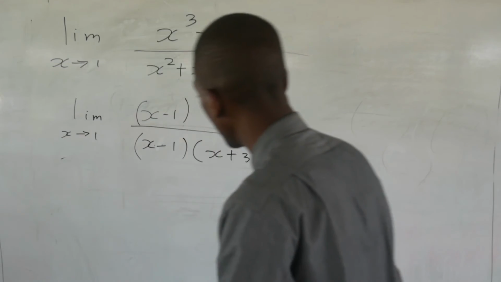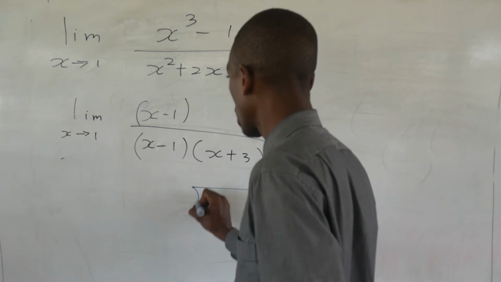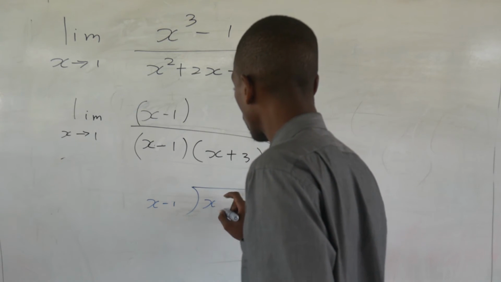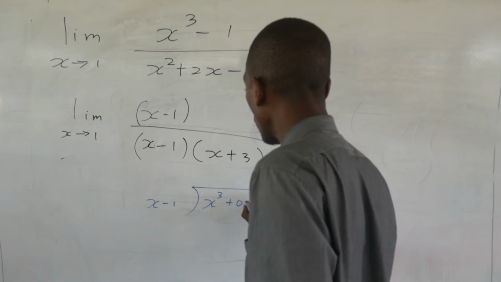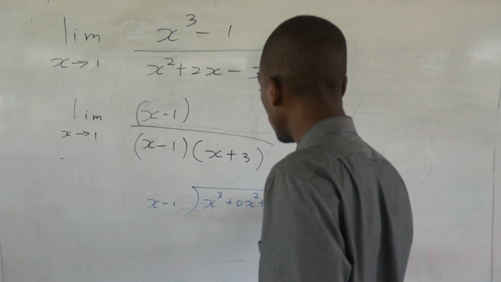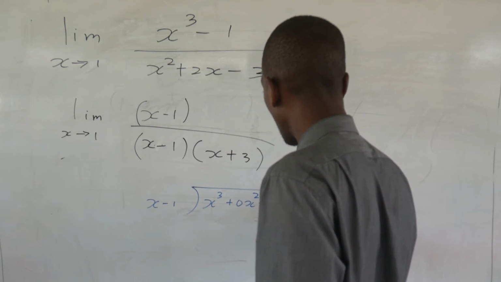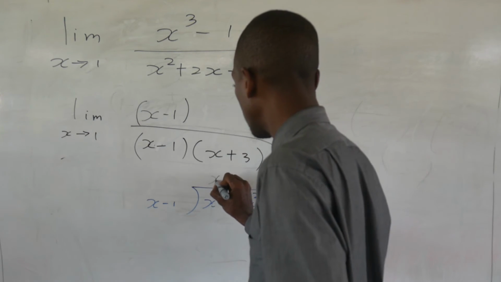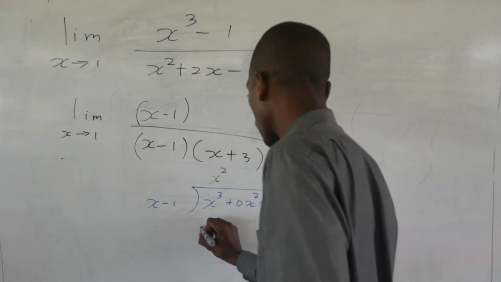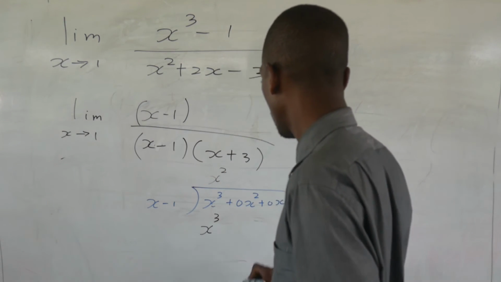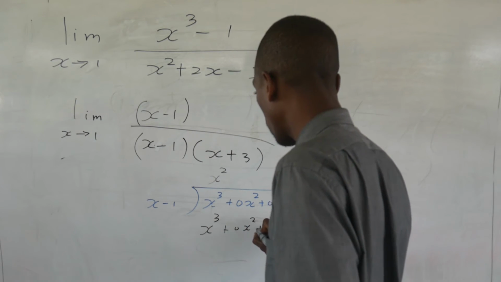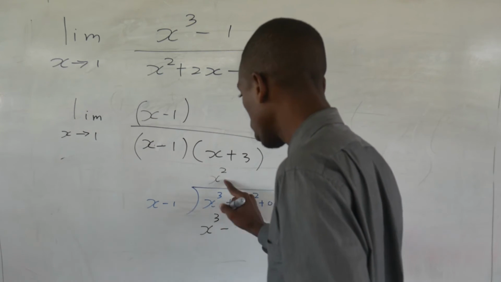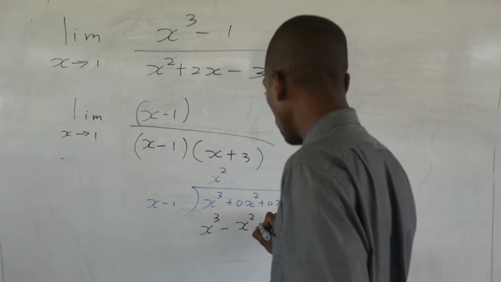So let's do that quickly. x minus 1 into x cubed plus 0x squared plus 0x minus 1. So x into x cubed is x squared. x squared times that is x cubed minus x squared.